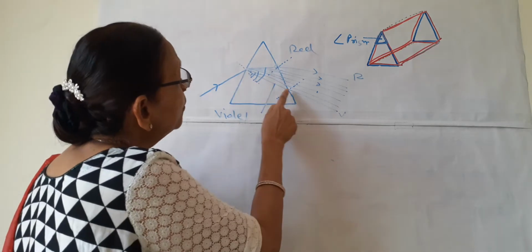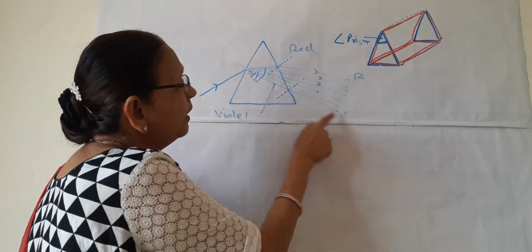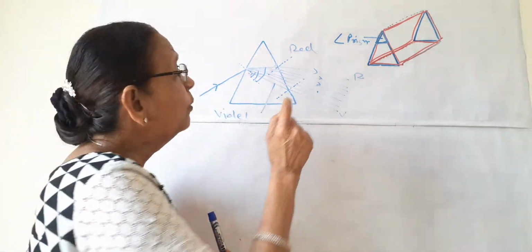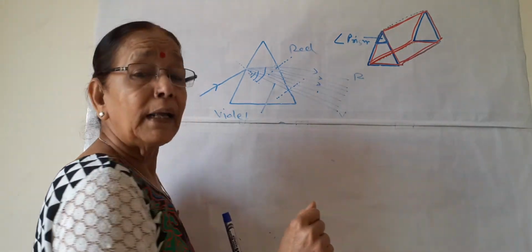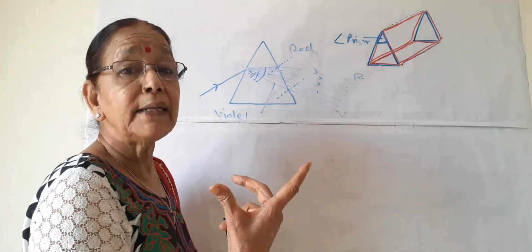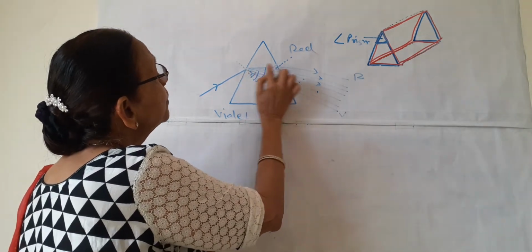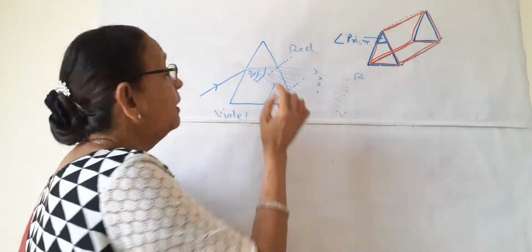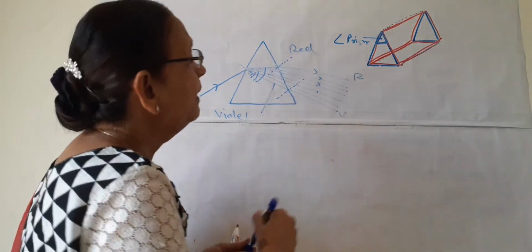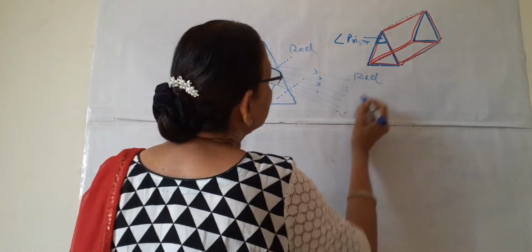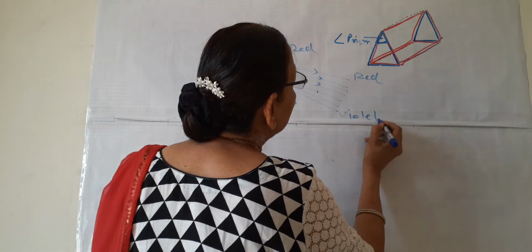It takes so much time to come from here to here. Red has the highest wavelength, 700, so it comes to this side quickly. So the speed of red is most and the speed of violet is least.